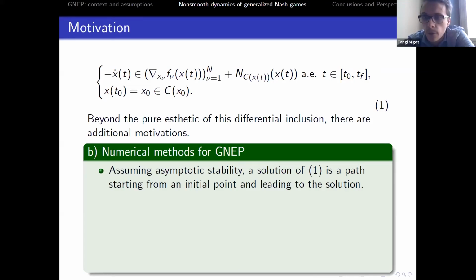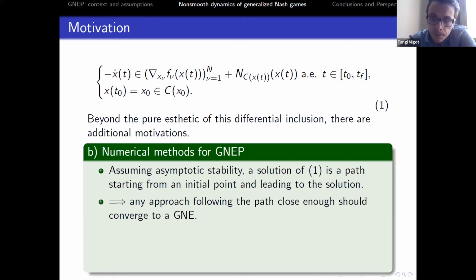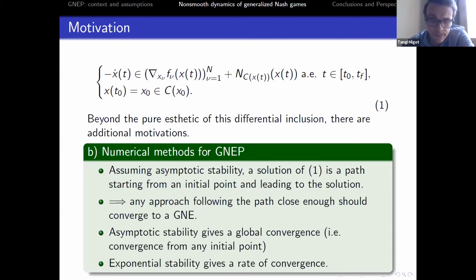So it's building a path from an initial point to the solution of the GNE, which is exactly what numerical methods are trying to do. So more or less, any approach that will try to follow this path, the solution of the differential inclusion, will be a numerical method. And this method, if it follows the path close enough, will converge to a GNE. And then you can translate the language from differential inclusion to numerical methods.